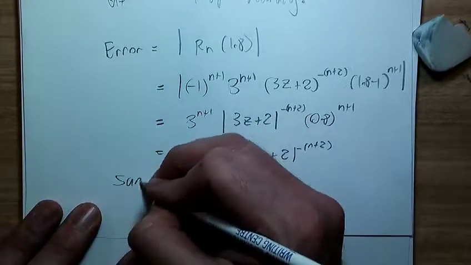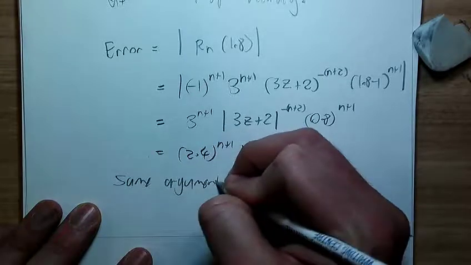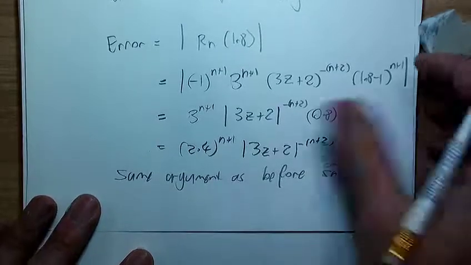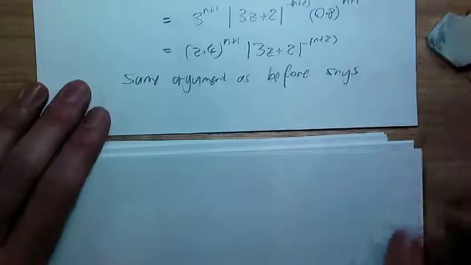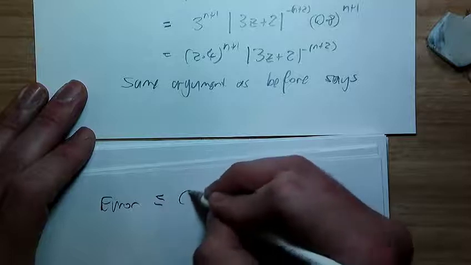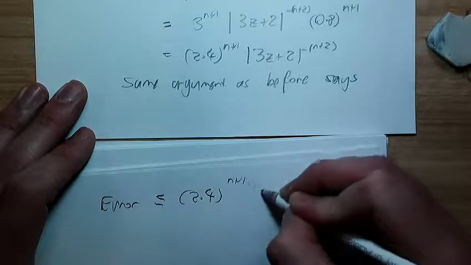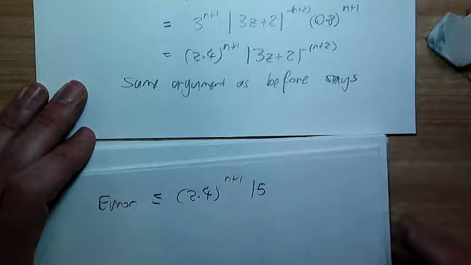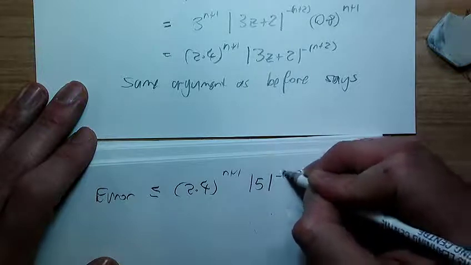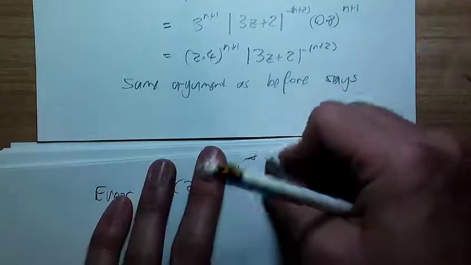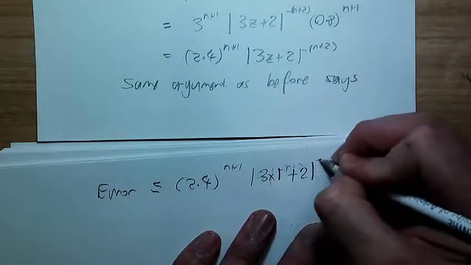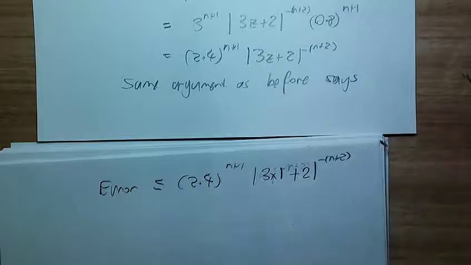So same argument as before says that the error is less than or equal to 2.4, oh no, I won't put the 5 in, I'll just be really clear that I'd put a 1 in for that. Like that.